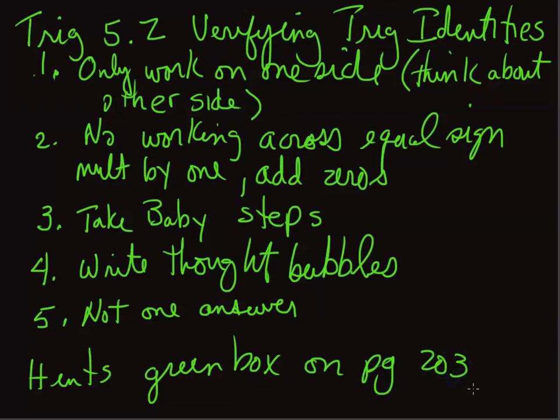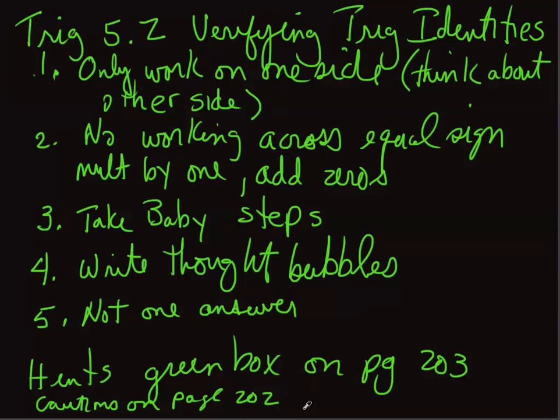So if you want some hints, that's a good thing to look at. There are cautions on page 202. But really what this is going to take is some practice.